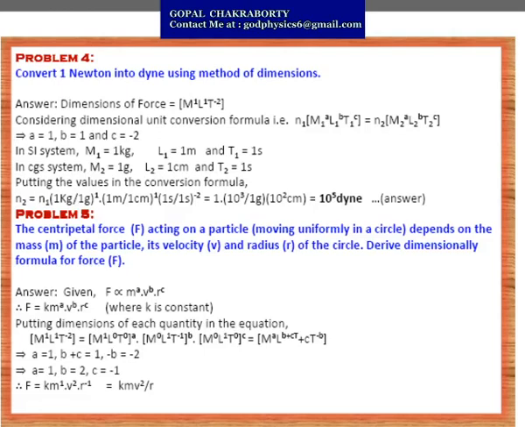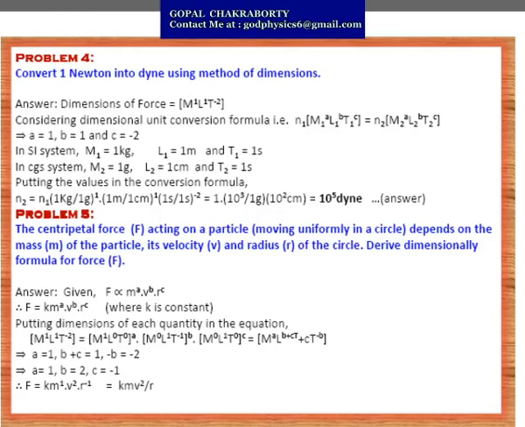So in terms of equality, some proportionality constant will be there. We consider k as the proportionality constant. So F equals k into m to the power a, v to the power b, and r to the power c. Now the procedure is you have to put the dimensions of each quantity in both left hand side and right hand side.